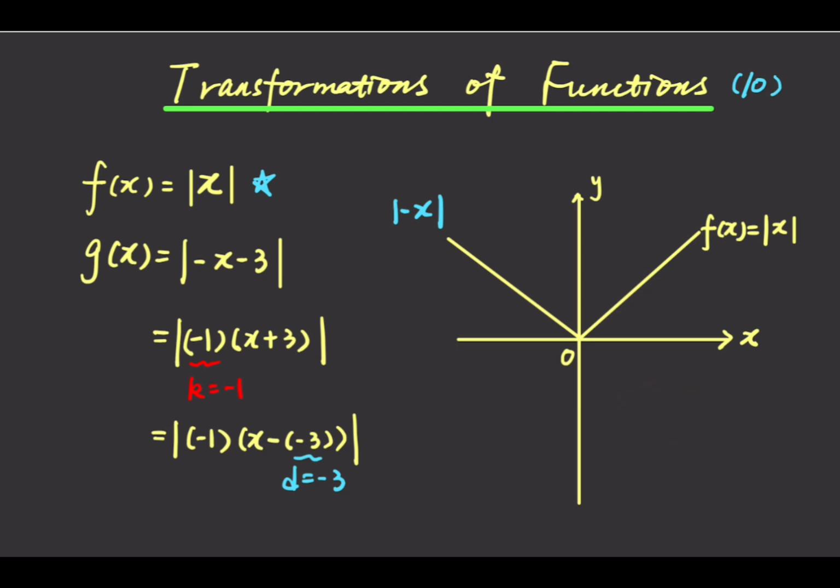Okay, that is to say, the final graph should be like this. This function should be the final transformed function, that is, negative 1 times x minus negative 3.